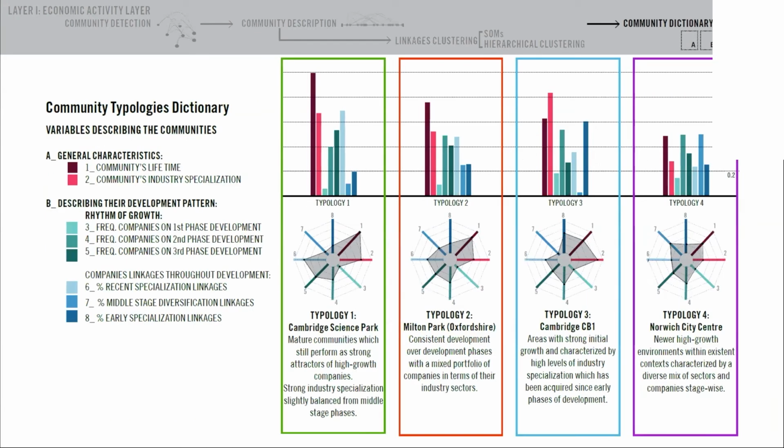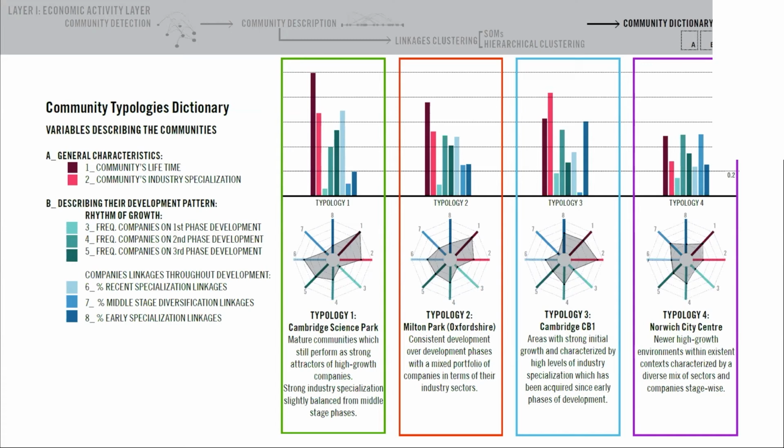And finally, in creating that dictionary of typologies for these communities, these are our 4 last typologies, and this is how they are performing in relation to the 8 variables that we set to describe these communities. And what we've done is, for each of the typologies, we have selected a representative community where Perkins+Will is working.